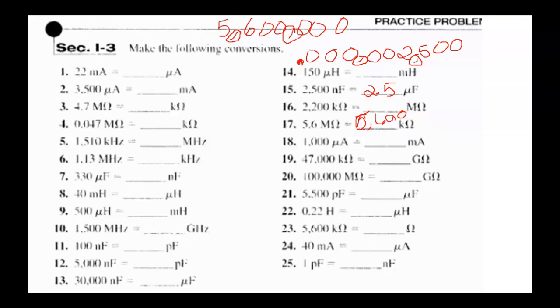Let me see if I can say this in a different way. What you're doing with any of this, and the whole reason I'm saying write it out, is because I want y'all comfortable with moving this decimal. Always assume one of two things.